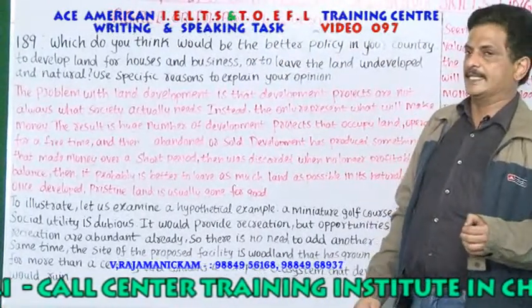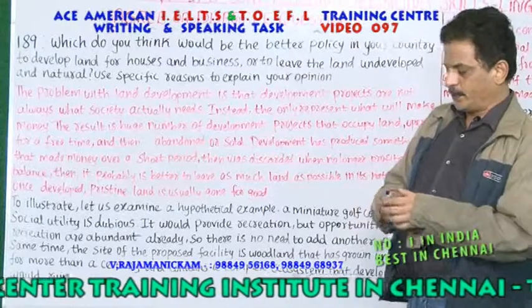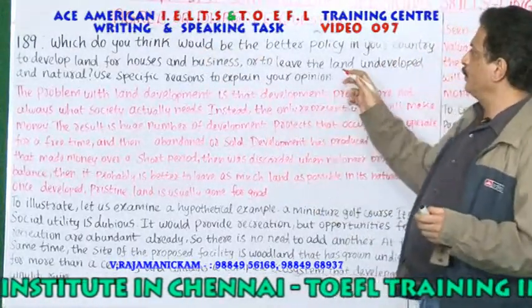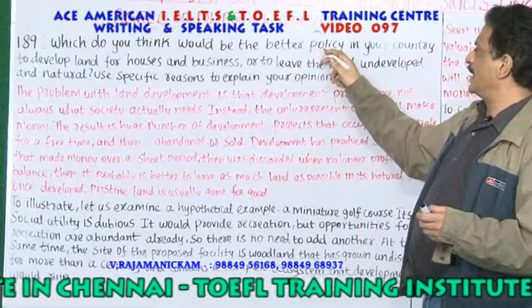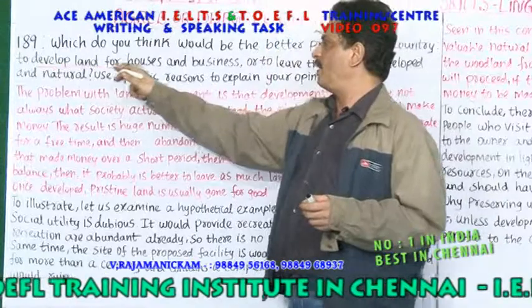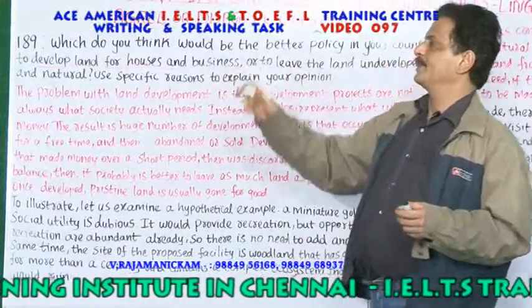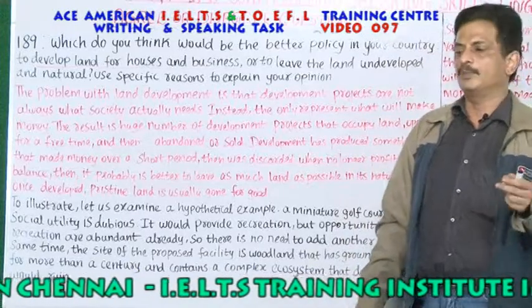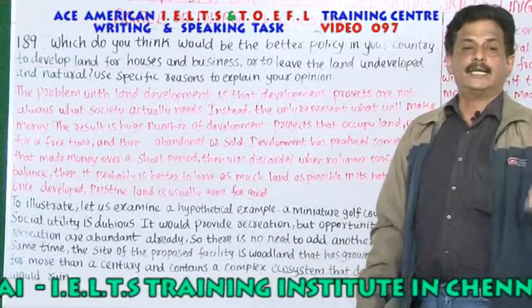If you get a question like this, say for example, which do you think would be better: a policy in your country to develop land for houses and business. Land is there in your country, and maybe the government is having that land.